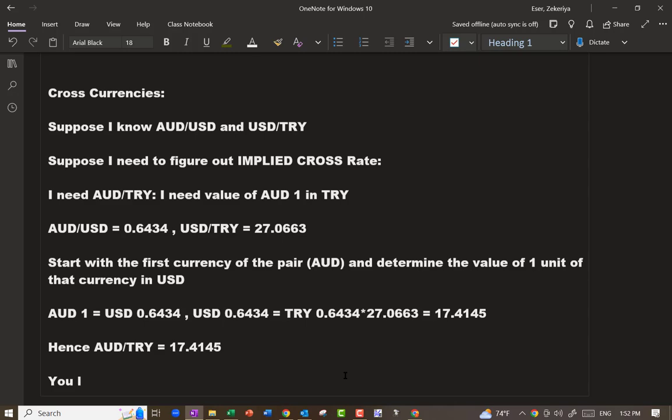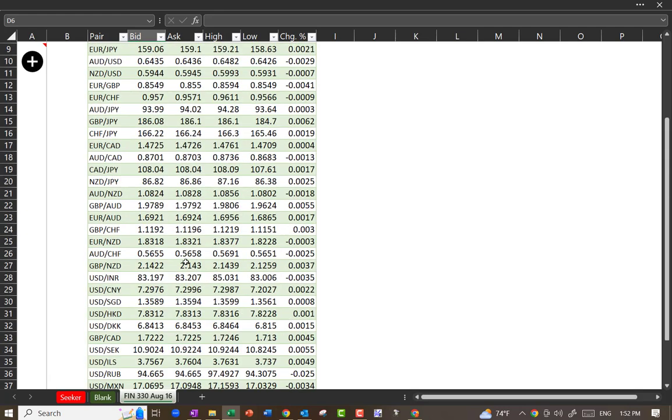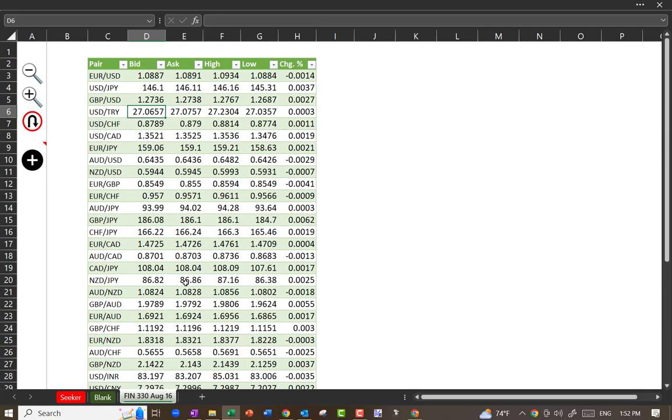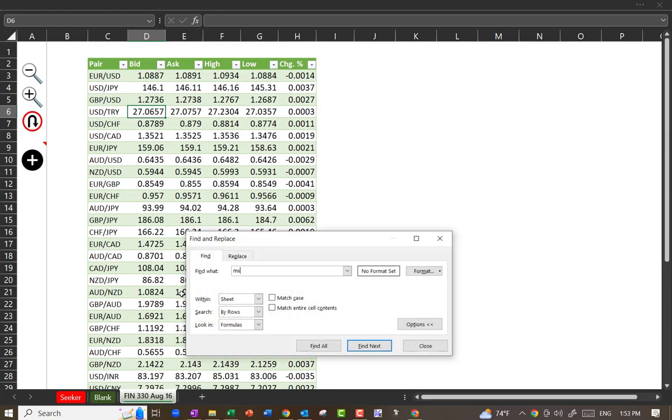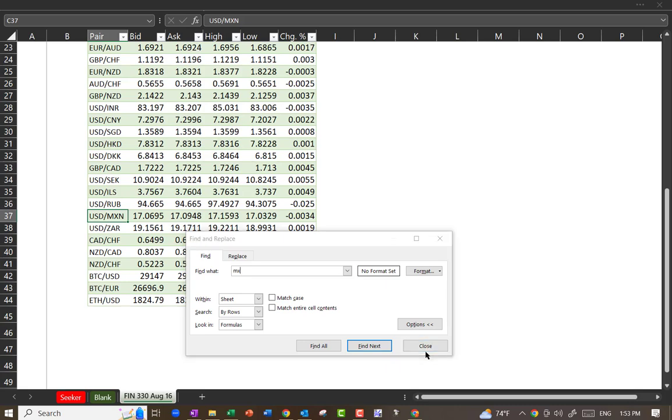USD Mexican peso, which happens to be, where is it? $17.0695. Oh, peso gained in value. It used to be around 20s.